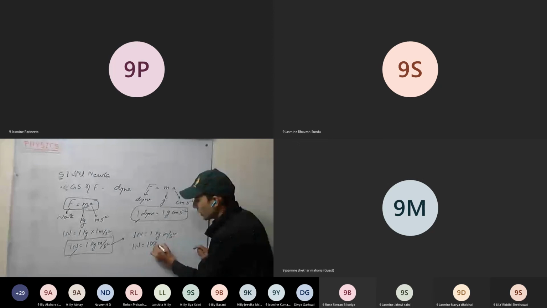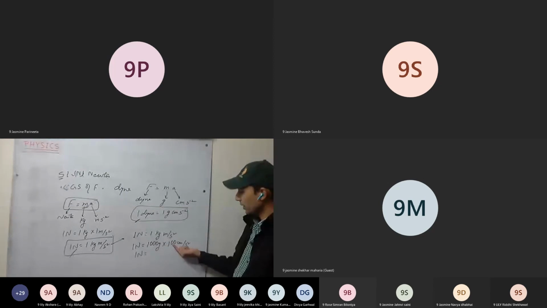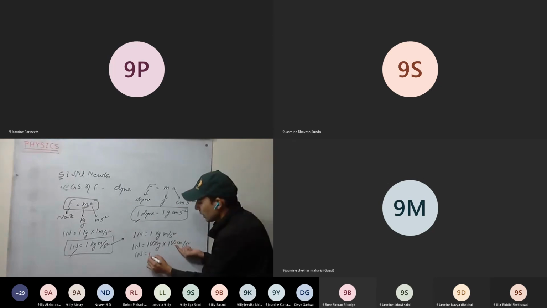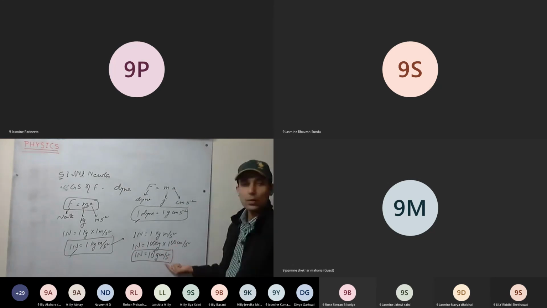And in 1 meter, how many centimeters? 100. So 1 Newton equal to how much? 10 raised to power 3, 10 raised to power 2. Add them, 10 raised to power 5 gram centimeter per second square. Okay, this we have got.